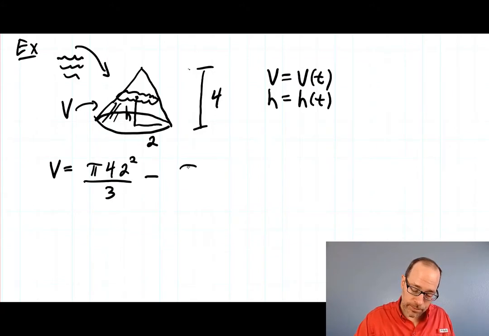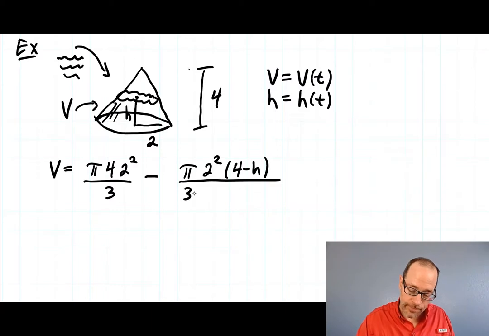And then it was pi, the radius squared again, so that was 2 squared, times the total height minus H, so 4 minus H cubed, all over 3, and then we had the total height squared here.